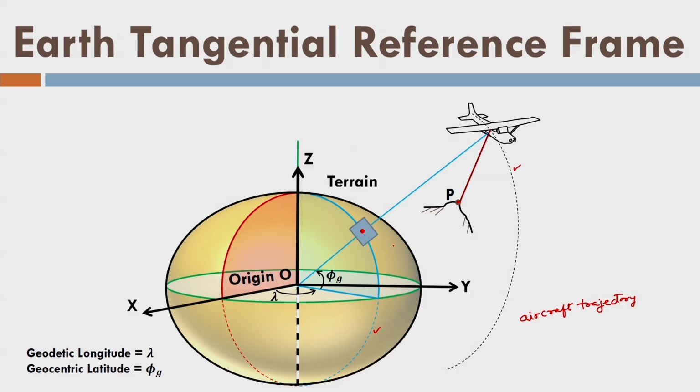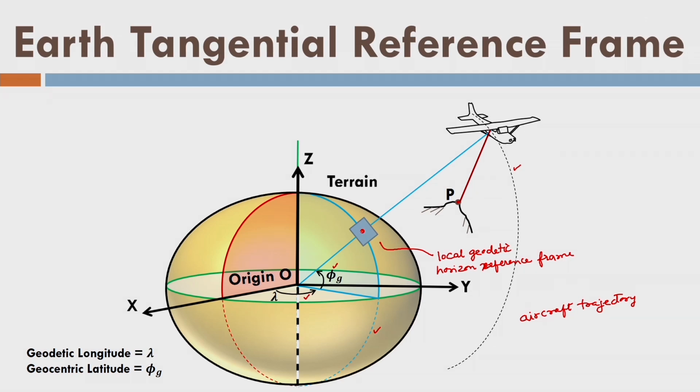I am defining a local geodetic horizon system here. Now you can see there are 2 angles, phi g, which is the geocentric latitude of the aircraft position, as well as lambda, which is the geodetic longitude of the aircraft position here.